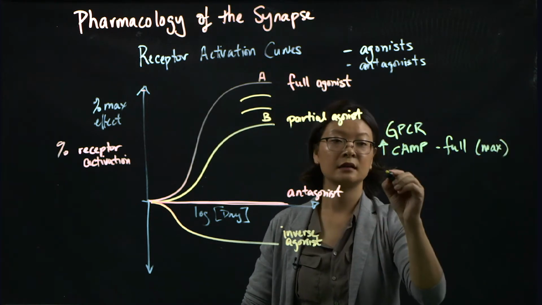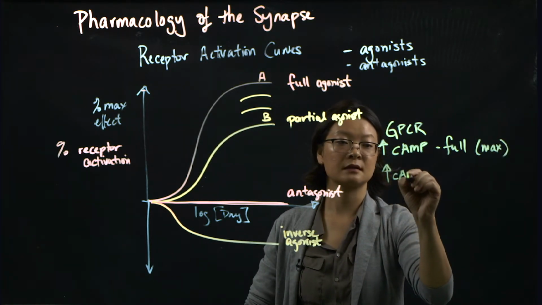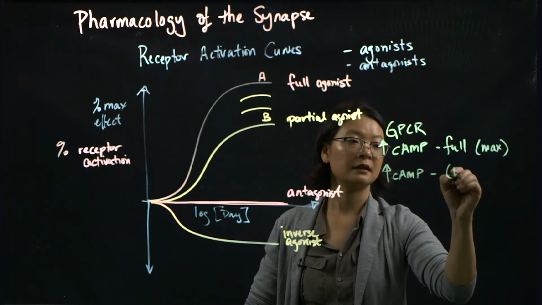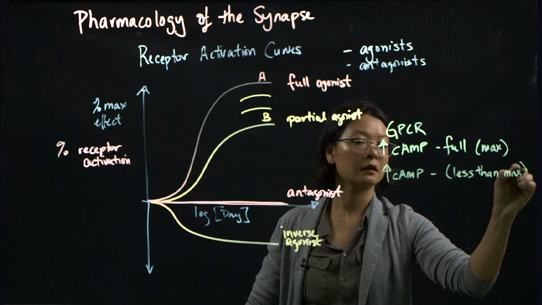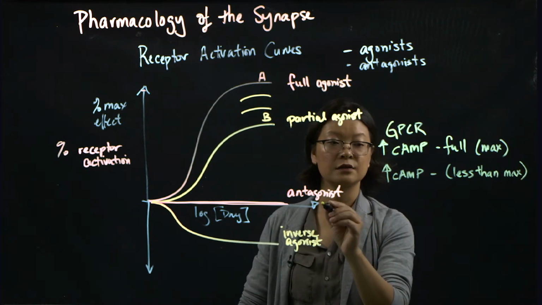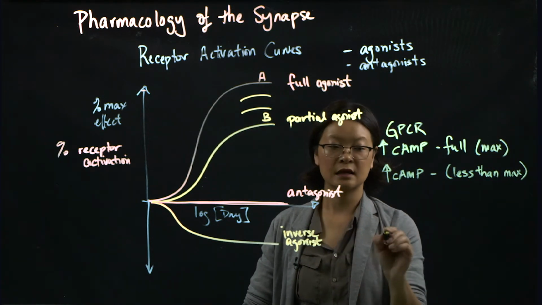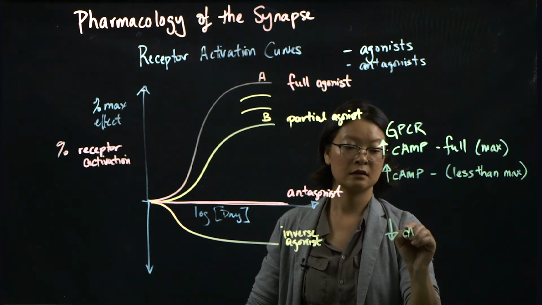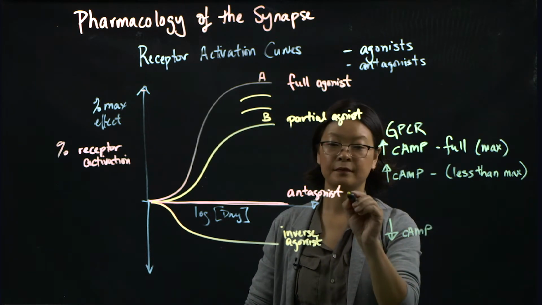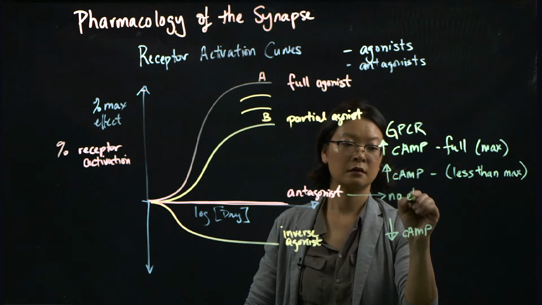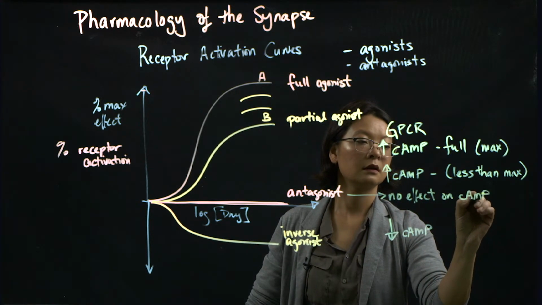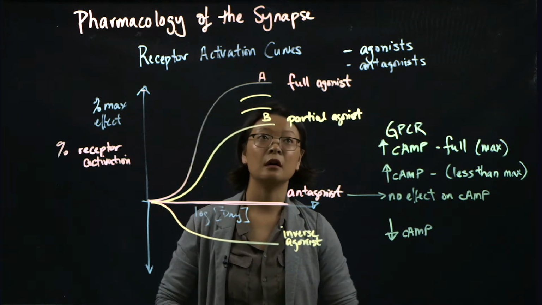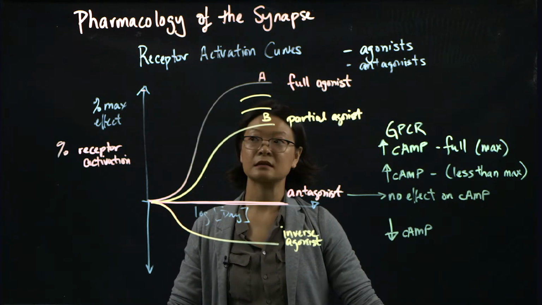The partial agonist would also produce an increase in cyclic AMP, but it would be less than the max. The antagonist wouldn't do anything, and the inverse agonist would actually decrease cyclic AMP. So those are examples of agonists and antagonists.